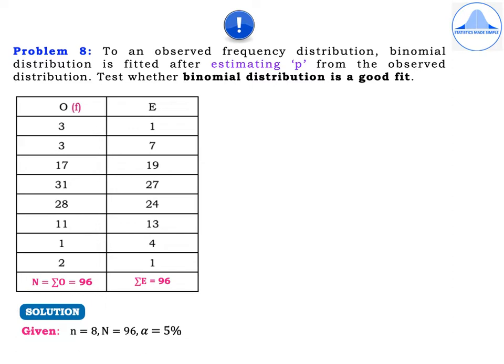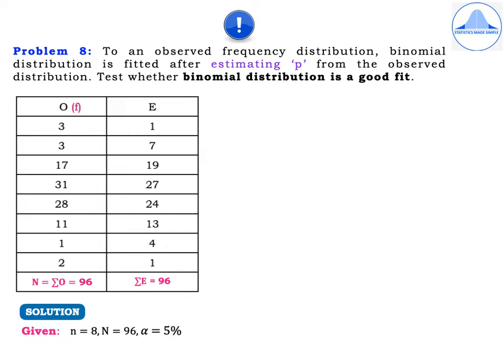The observed frequencies are denoted by O and the expected or theoretical frequencies are denoted by E. So the observed frequencies are 3, 3, 17, 31, 28, 11, 1 and 2. The expected frequencies are 1, 7, 19, 27, 24, 13, 4 and 1.